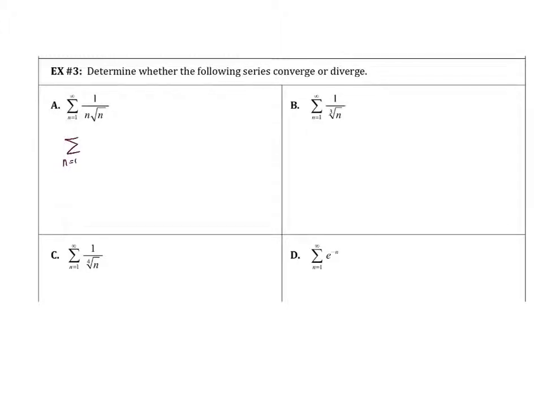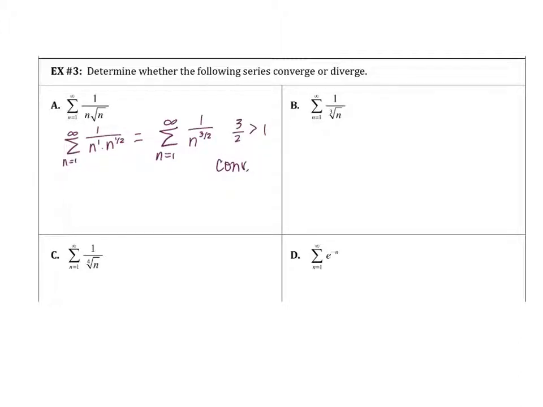So we have the sum from n equals 1 to infinity of 1 over n to the first, times n to the 1/2. If you're multiplying with like bases, you do add your exponents. So that's going to give me 1 over n to the 3/2. And notice that 3/2 is greater than 1. So therefore, this will converge.